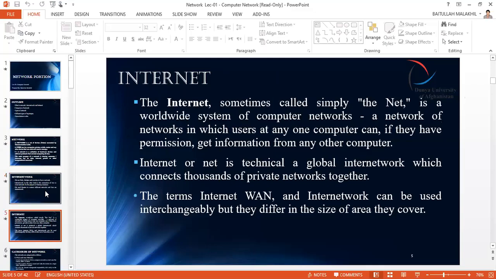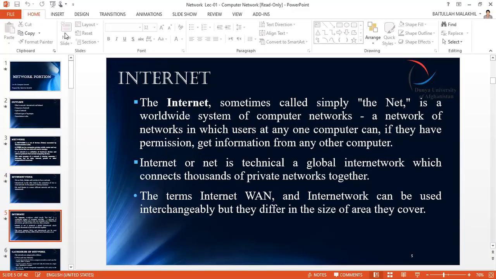Now, going to the internet. I'm sure you already know what the internet is. Technically, internet and internetwork are the same.